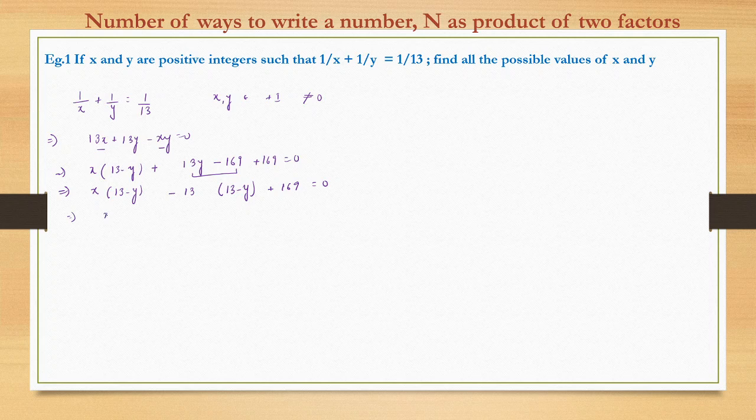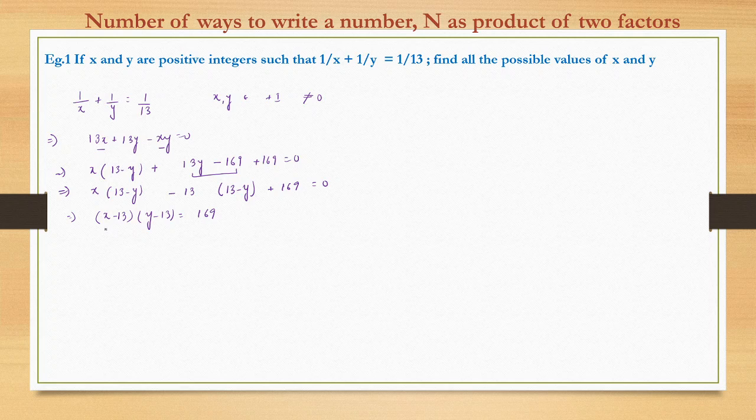So now we can write this as x minus 13 times y minus 13, and we can take this to the right hand side, so it will be 169. So now we have to find the number of positive integers x and y such that this equation holds true, right?